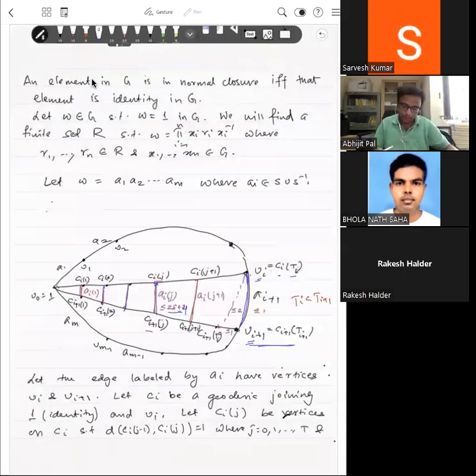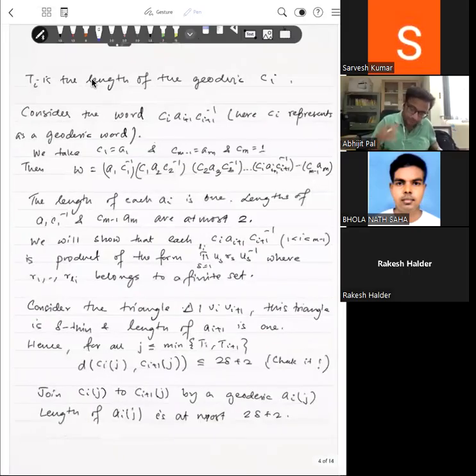What we are going to do is split this whole loop W into smaller loops, like you have done something similar in the Van Kampen theorem. That thing I have written here.